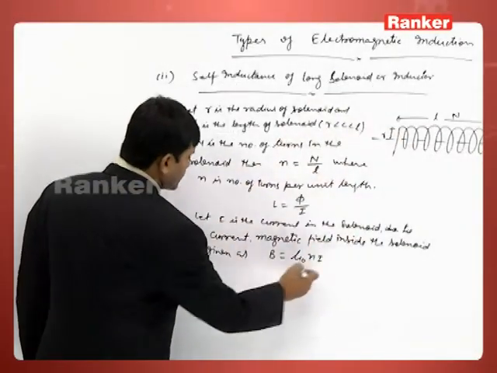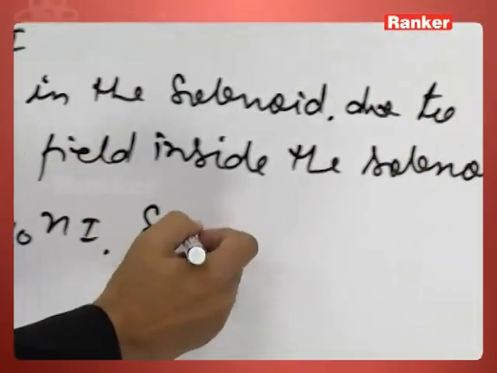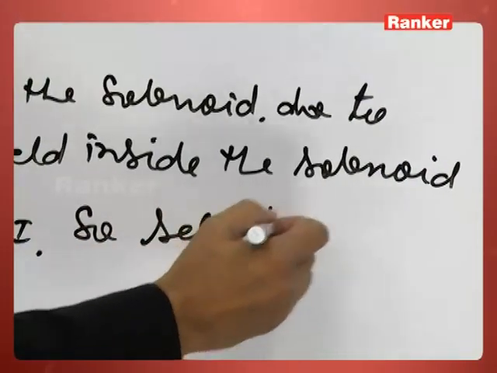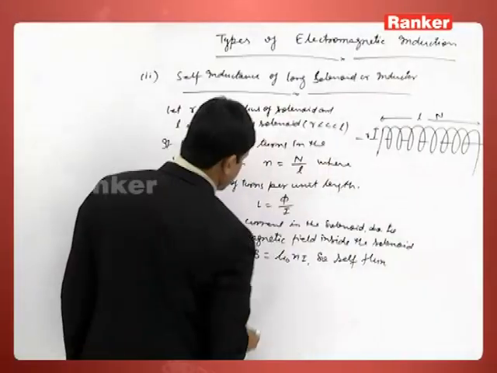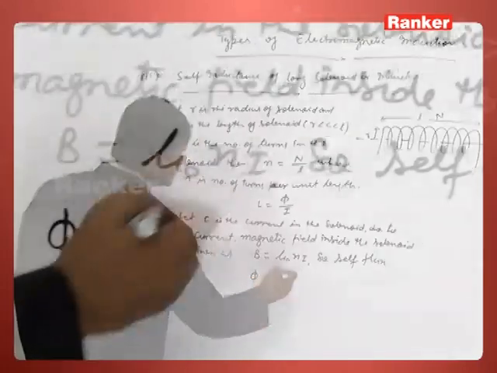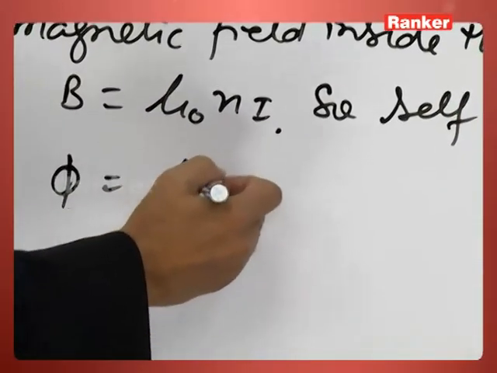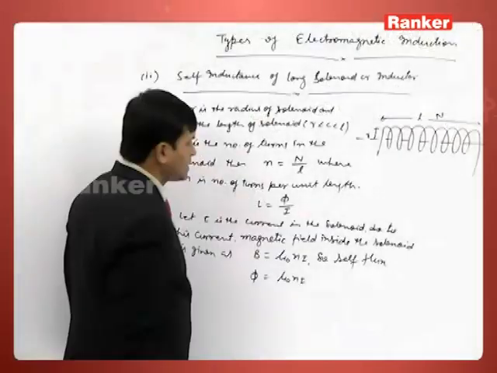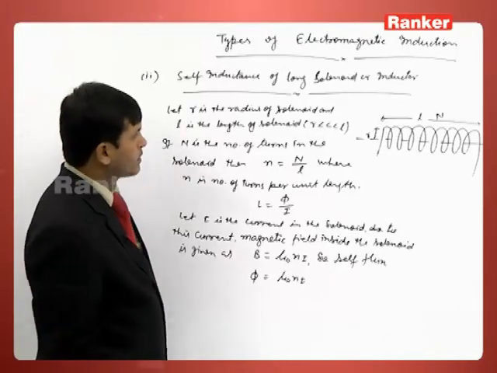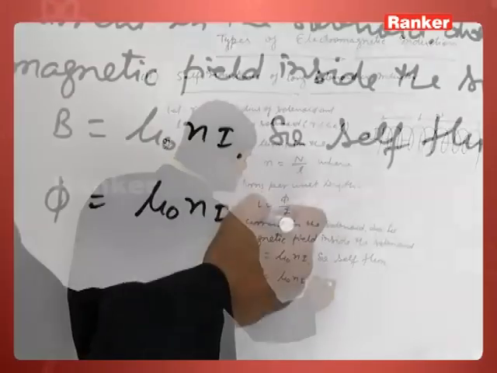So the self flux φ is written as B, the magnetic field, times the area of the solenoid.